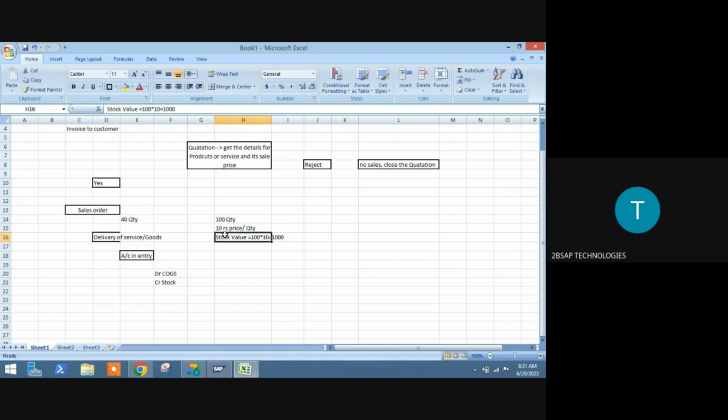You are having 100 quantities and you got an order of 40. Now you are going to give 40 quantities to the customer. So here you are delivering your goods to the customer.